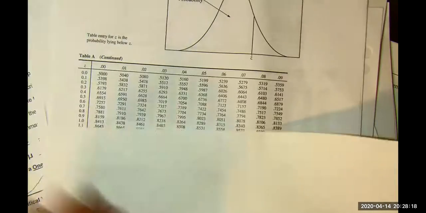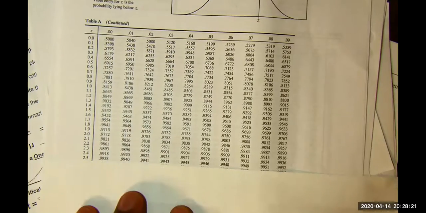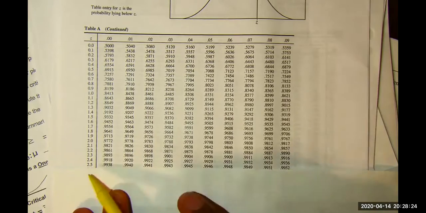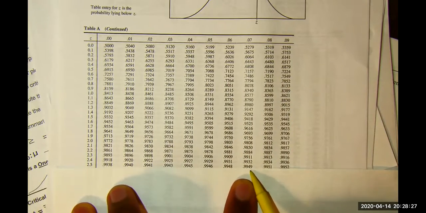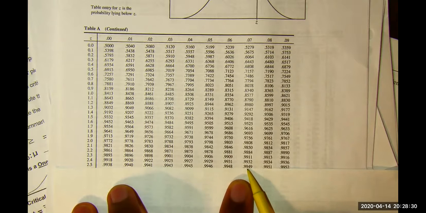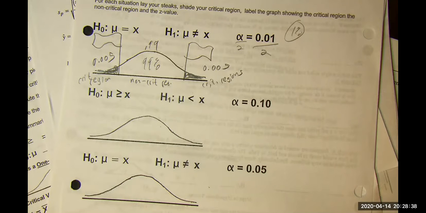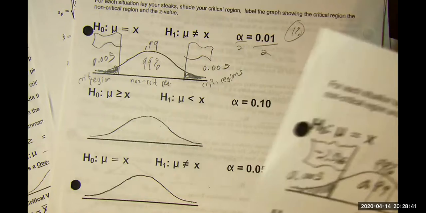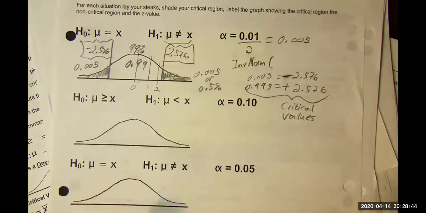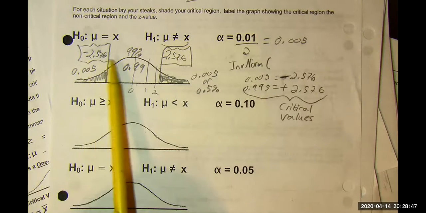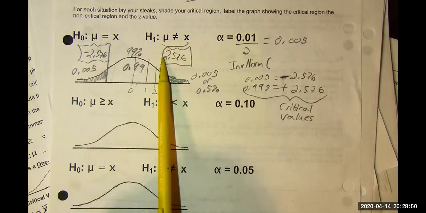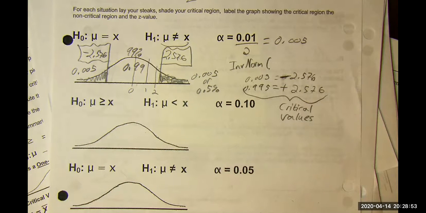Let's flip this over and look for positive 2.575, 2.575-ish. And you notice if we add 0.005 here, we will be at 100%. So that's the opposite of that. So these would be the z-score values, negative 2.576, negative 2.575, whatever. Computers do all that work for you. So if it's two-tailed, make sure you have the negative and the positive version.